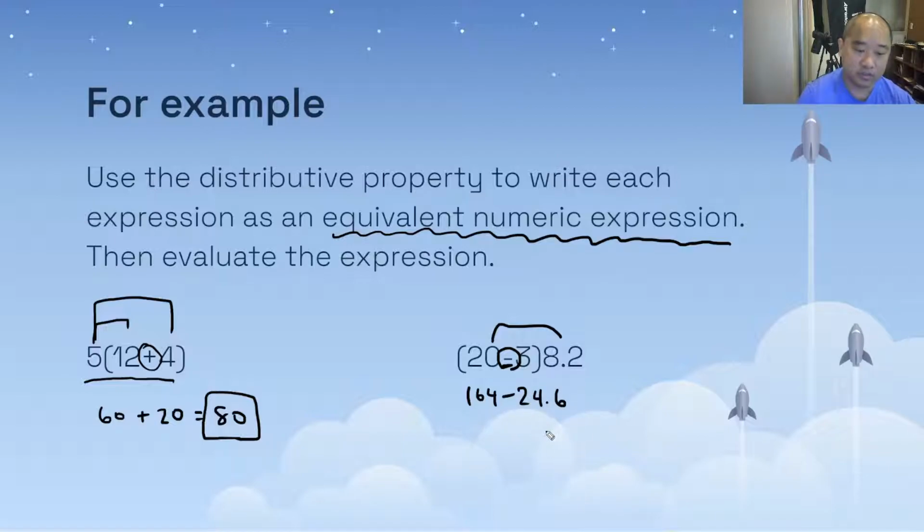And then we'll just subtract one from the other, and that gives us 139.4. All right, pretty simple, right? Just multiply the first number, multiply the second number, and then do the operation that it tells you to do in the middle. Okay.